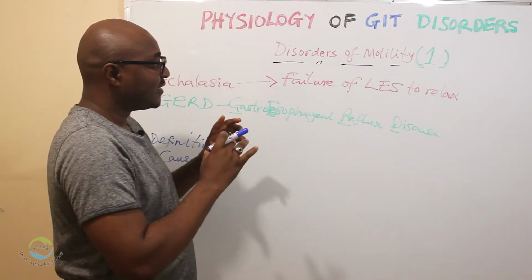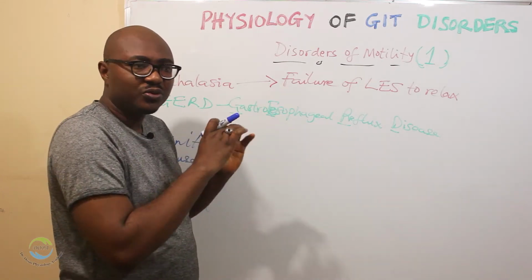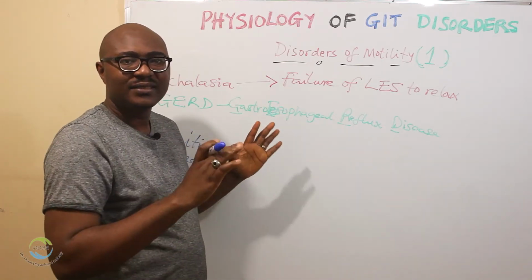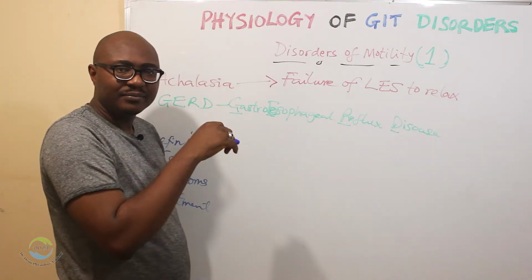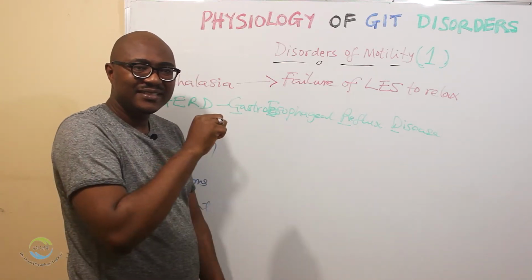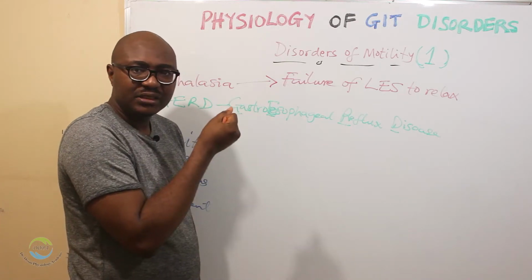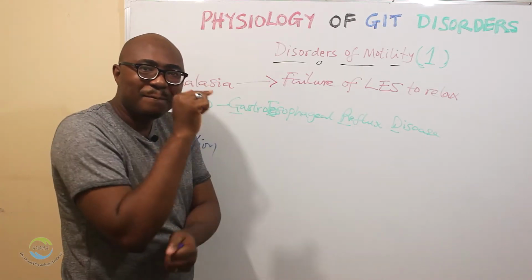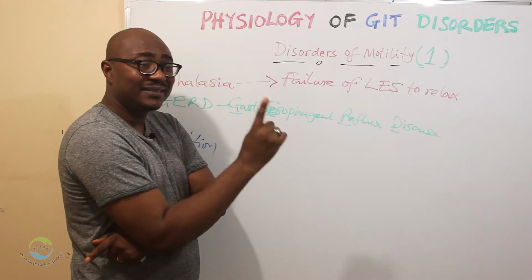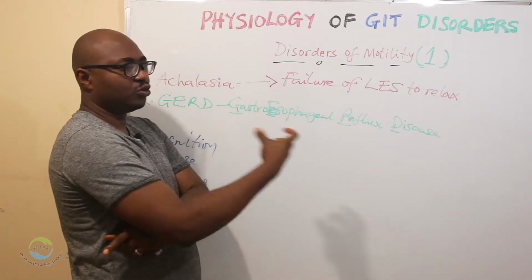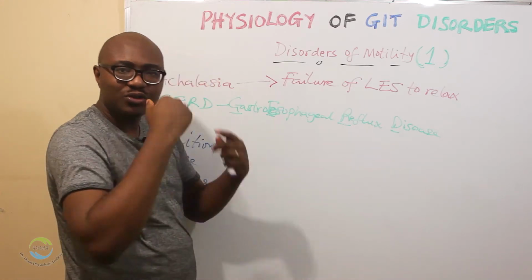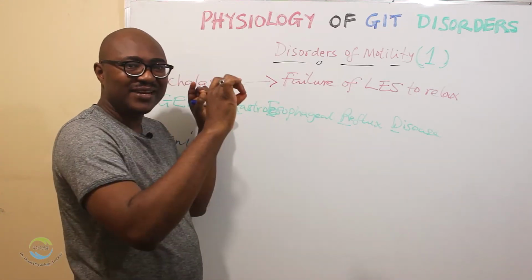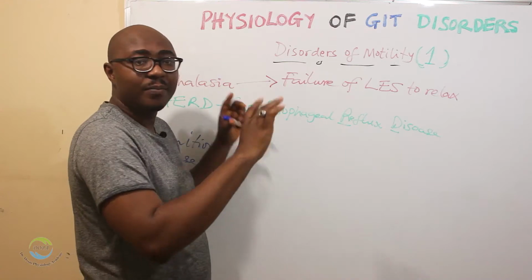And you know that for smooth muscles to relax or contract, they are controlled by nerves. So the real problem that's happening there is that there is some damage that has happened to the myenteric plexus. Remember that the myenteric plexus is what controls the muscles, the longitudinal smooth muscle and circular smooth muscle, the myenteric plexus, also known as Auerbach's plexus.